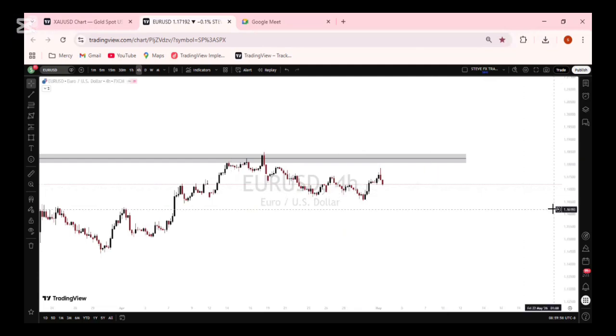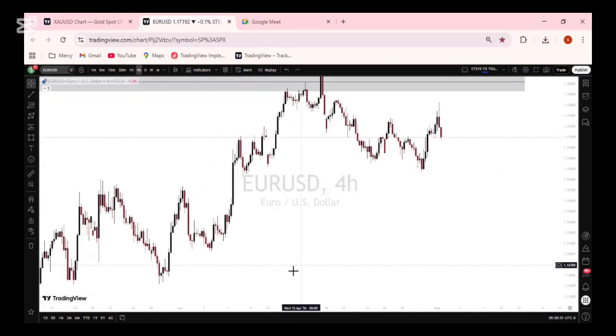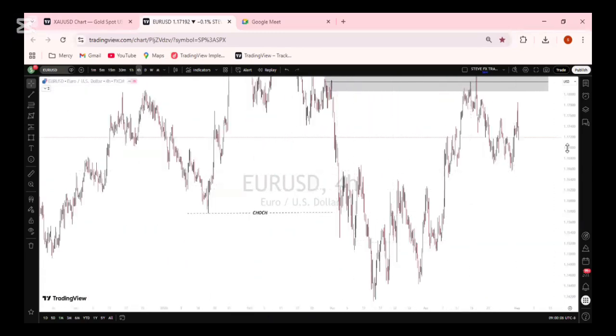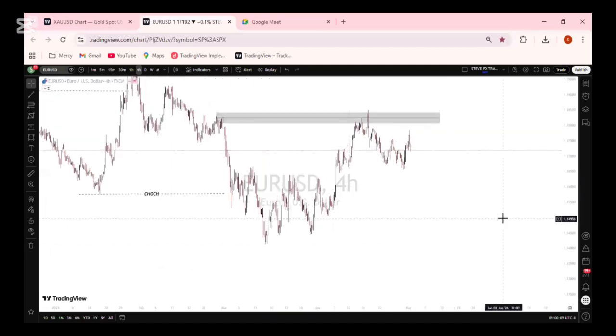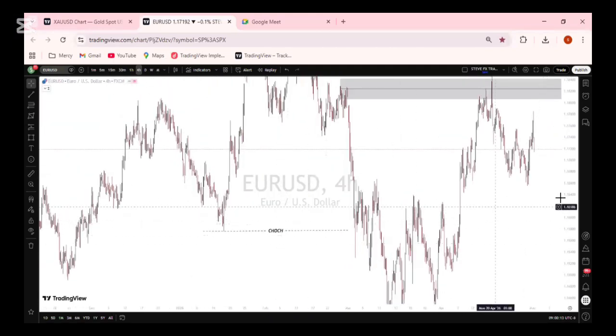So now we are back to our lower time frame to look for entry. If we are looking for entry on Euro USD, we have a change of character around this point.